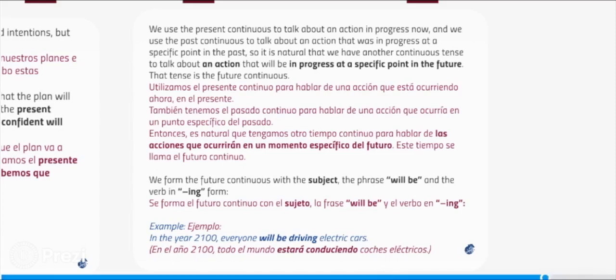We form the future continuous with the subject, the phrase will be, and the verb in ing form. Example: In the year 2100, everyone will be driving electric cars.